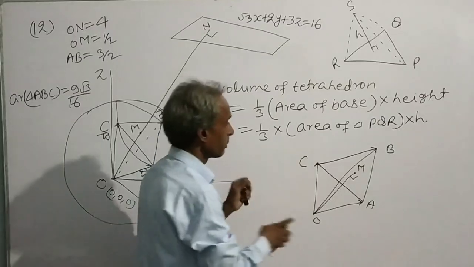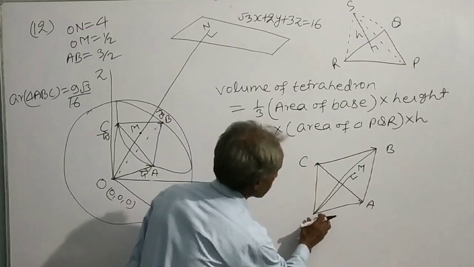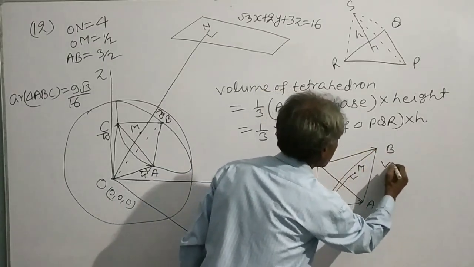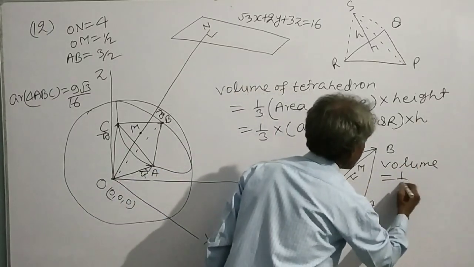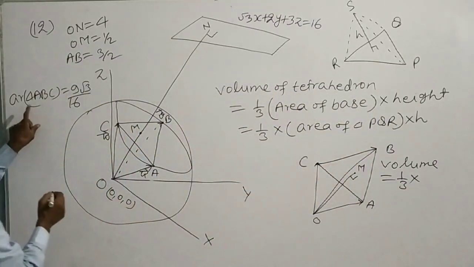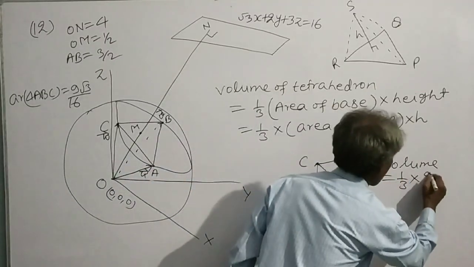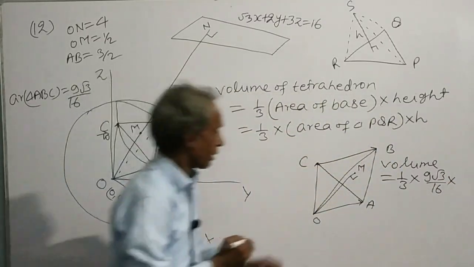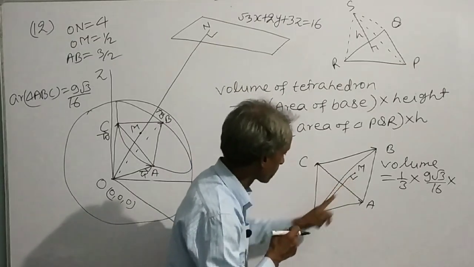OABC will be equal to 1 by 3 times area of triangle ABC, which is 9 root 3 by 16, times the height from the vertex.